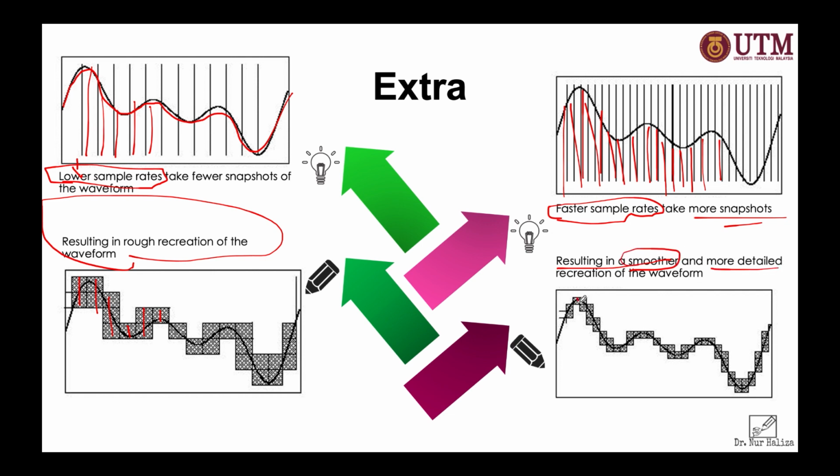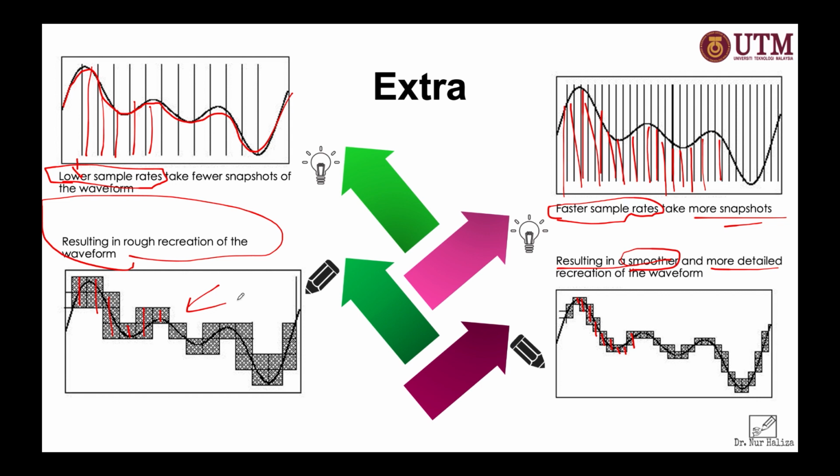You can see over here, because you take the faster sampling or increase the frequency of sampling, your graph is much smoother and you can see it clearly. Let's say you were given only the digital signal, then you know, oh, this is how the analog looks. Compared to this one, if you were given only the digital form of the signal, you don't know what the original analog signal looks like, isn't it? It's quite hard to get.